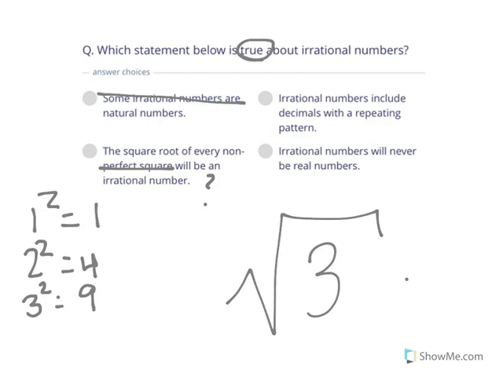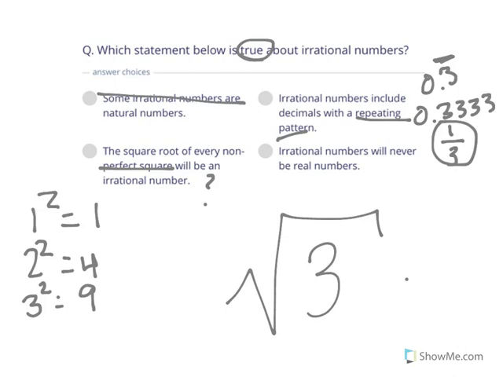Irrational numbers include decimals with a repeating pattern. Well, repeating means 0.3 with a bar. That repeating is a bar. What that means is the number doesn't stop. Now, that is rational because it is equal to 1/3, and all fractions are rational.